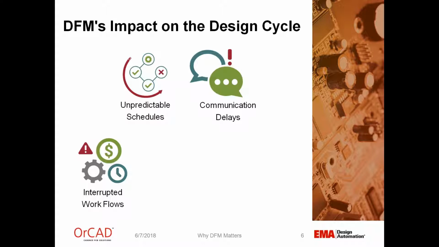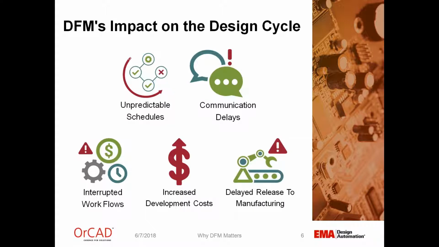It also interrupts my workflow. What if I have multiple projects I'm working on? Now I have to drop what I'm working on and go back and address these issues again. It can also lead to increased development costs because now I'm adding more time to the project that I wasn't counting on. So that's increasing my cost, and again, it's delaying the release of my data to manufacturing to get my job going.